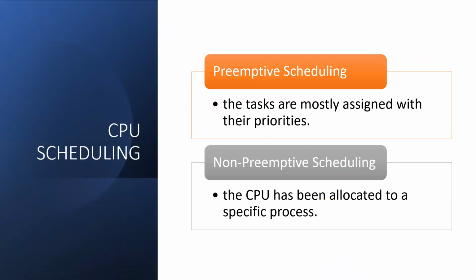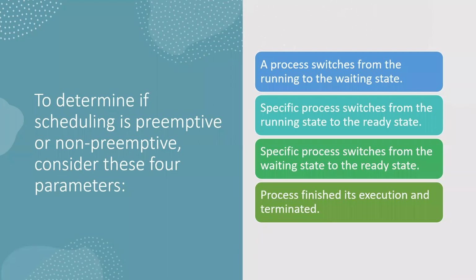So, when scheduling is preemptive or non-preemptive: a process switches from the running to the waiting state. As what we have here, a specific process switches from the running state to the ready state.